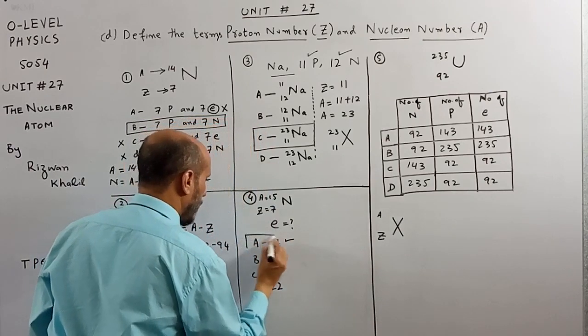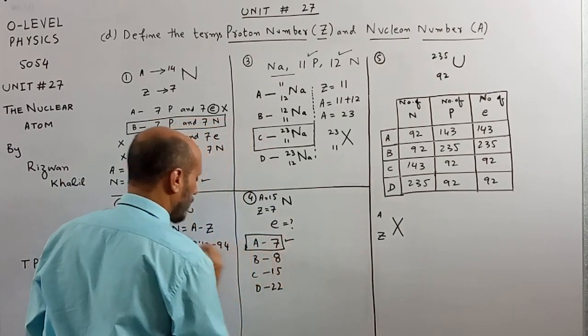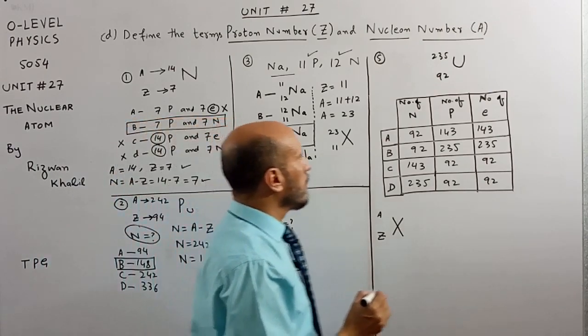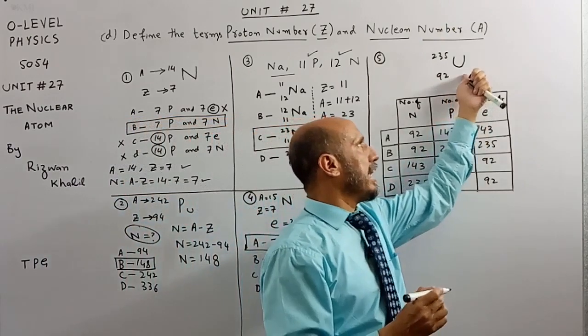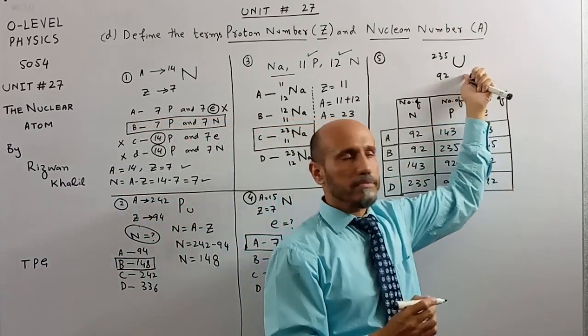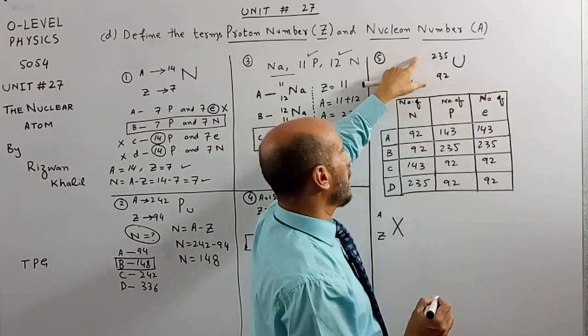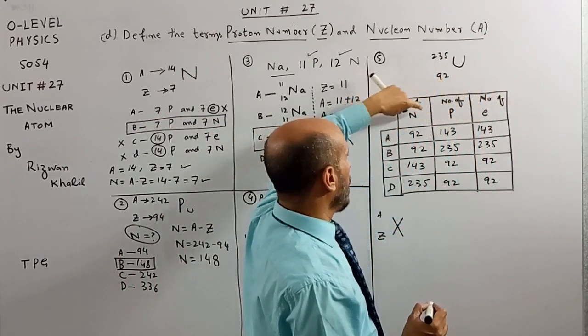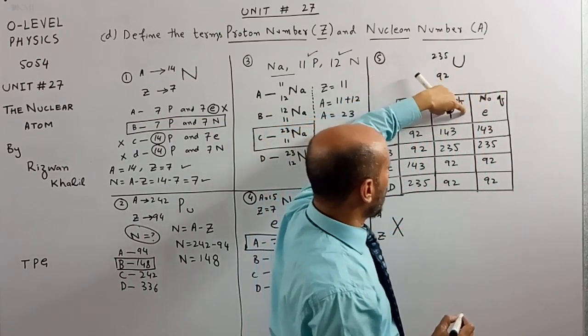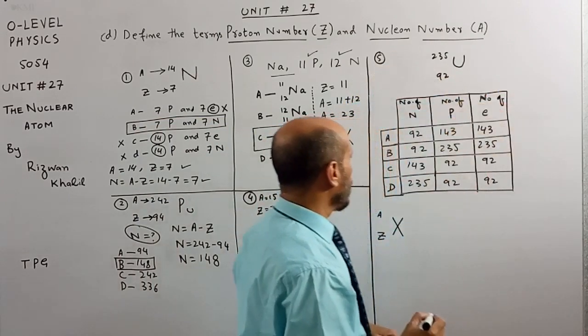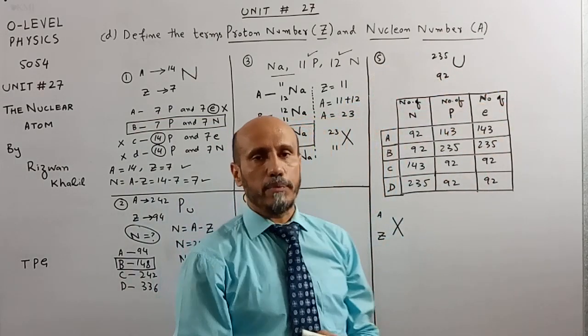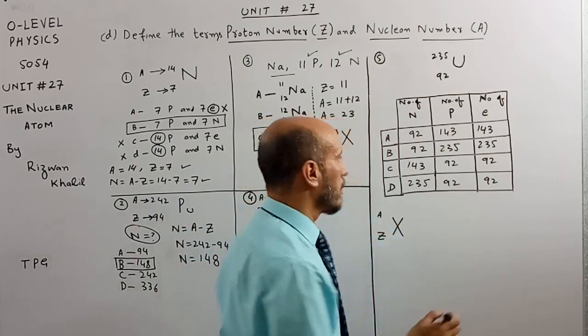Now we will proceed to the last example of this learning outcome. An element uranium is given, 92 and 235, with the number of neutrons, protons and electrons, and it is being asked which option is the correct option.